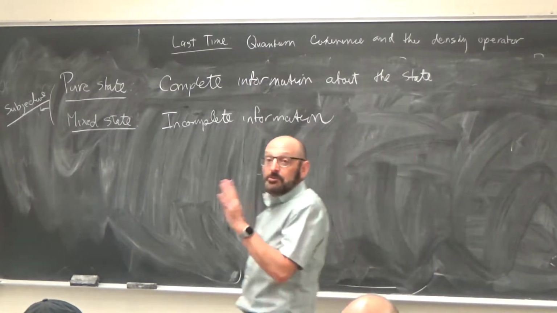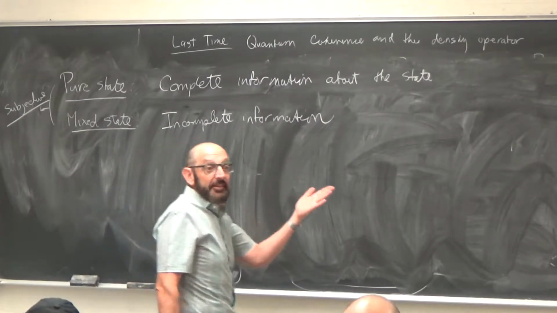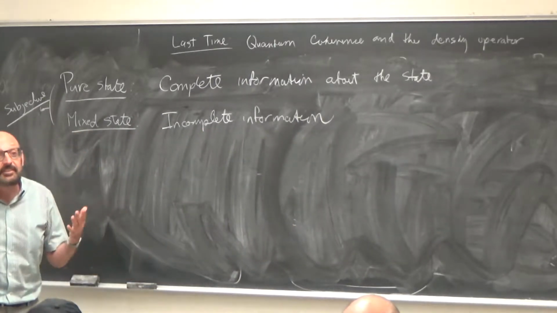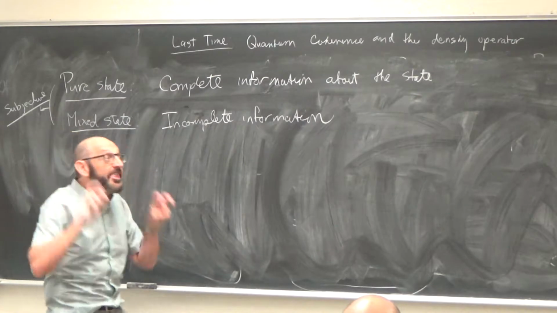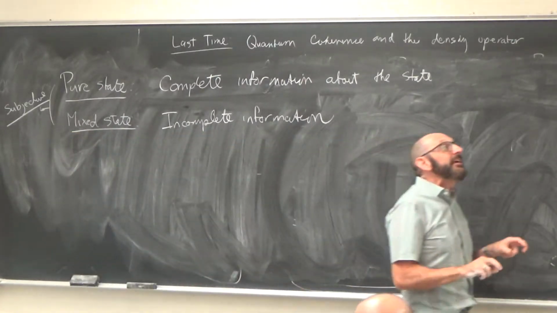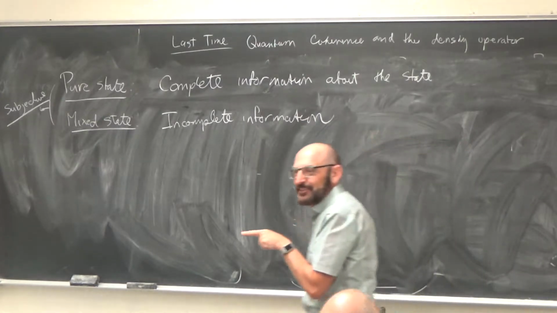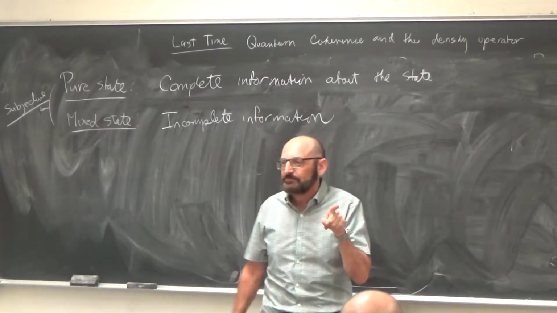But she knows when it's going to be 0 if he measures in the Z basis, because she prepared in the Z basis, right? So it doesn't make sense to talk about the state of the system. It makes sense to talk about your state of the quantum system, what you assign based on what you know.